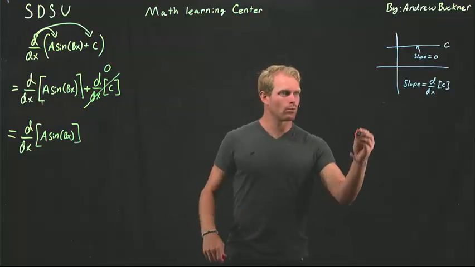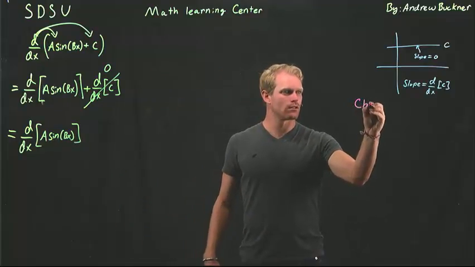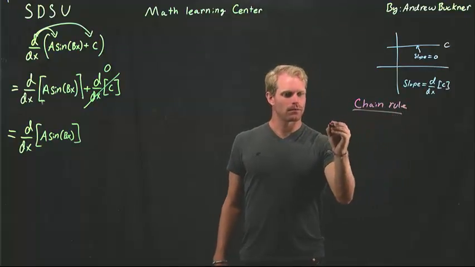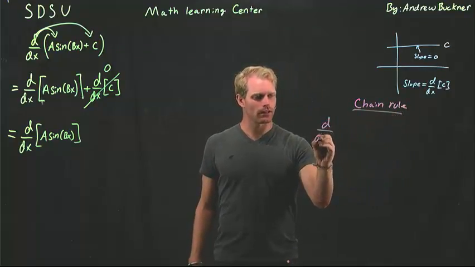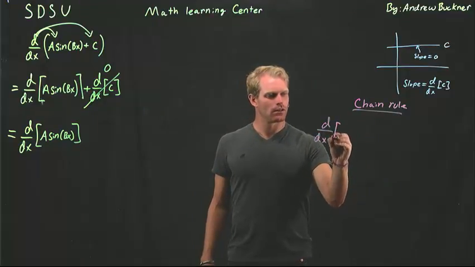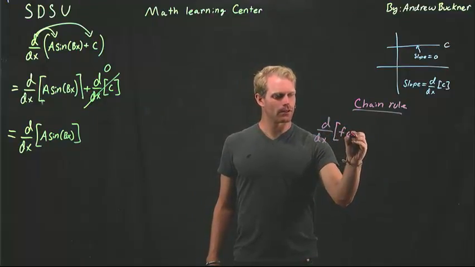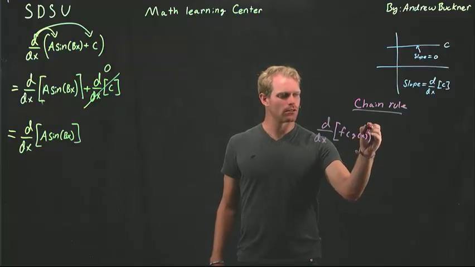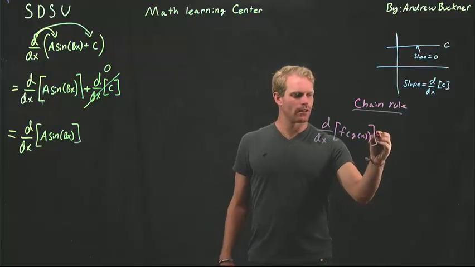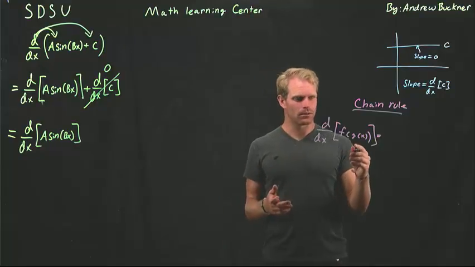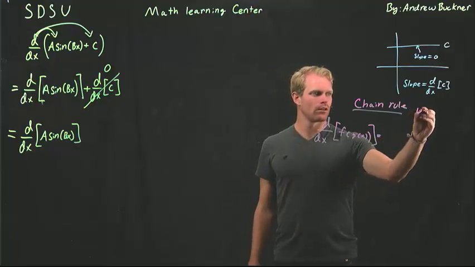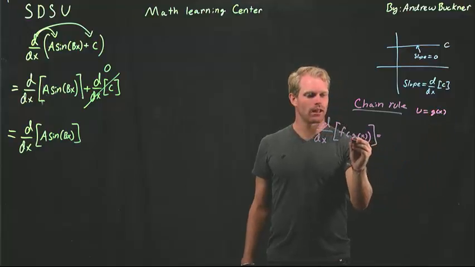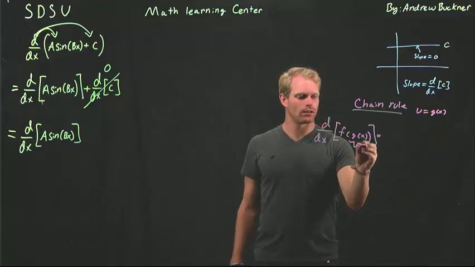What the chain rule is telling us is that when I'm taking the derivative with respect to x of a function inside another function, I'm going to substitute in for this term g of x, and let that equal my u.